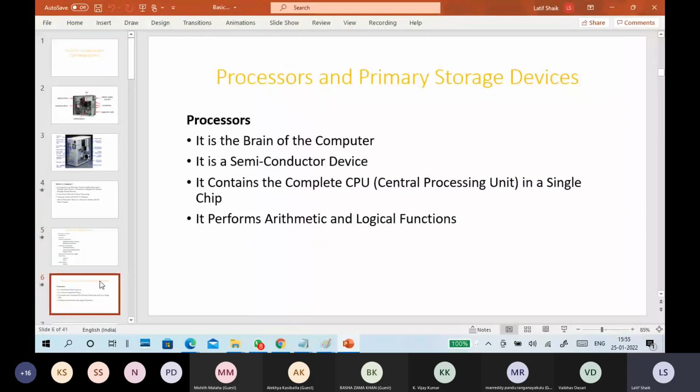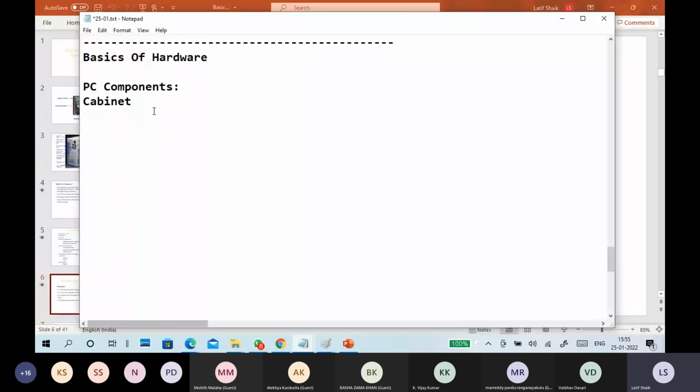Of course, we will go one by one through SMPS, CPU and so on. First is the cabinet, where you put all the components inside. Next is your motherboard, where you connect all your devices. All computer components are connected to the motherboard only.